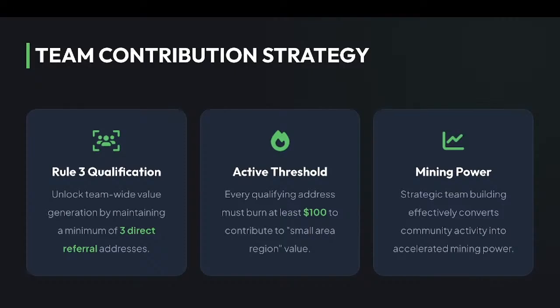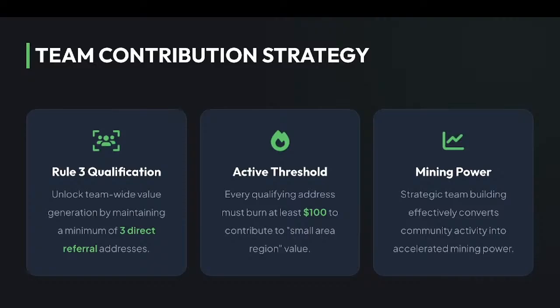This slide introduces the advanced concept of unlocking value. While personal burn and direct referral are great for getting started, true scalability and massive acceleration in the Bitcoin ecosystem come from team burning. Unlocking team burning allows you to tap into the activity of your broader network, but it comes with specific hardcore qualification rules to ensure only active community leaders benefit.